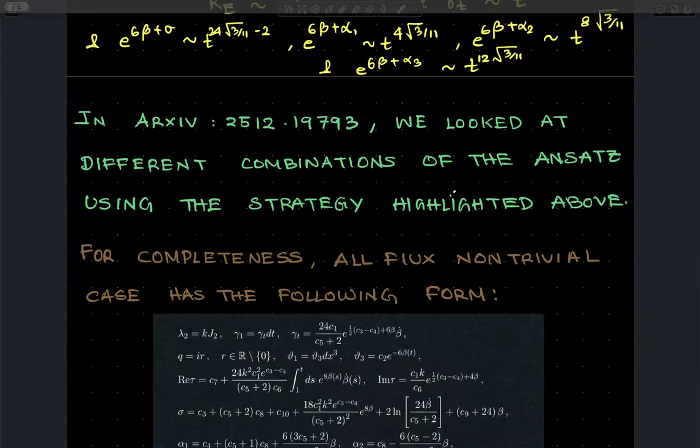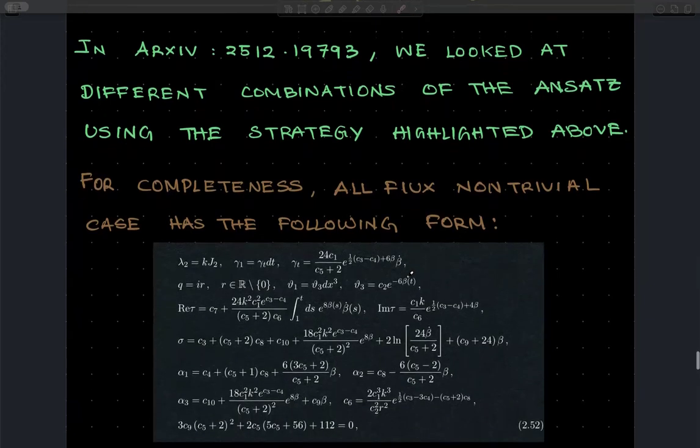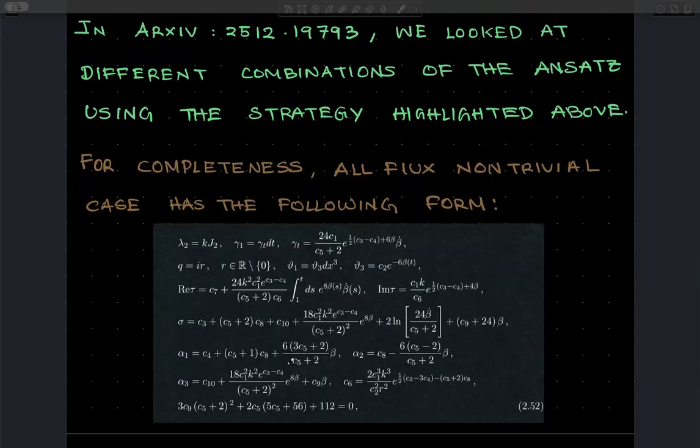In that case, we turned on the 3,0 component of G3 alongside the F5 components, because our G3 had two components, 1,2 and 3,0. Once we solve the supergravity equations in our setup, we get this form for the objects in our ansatz, where lambda 2 is again proportional to J2 because we were demanding the internal space to be Ricci flat.